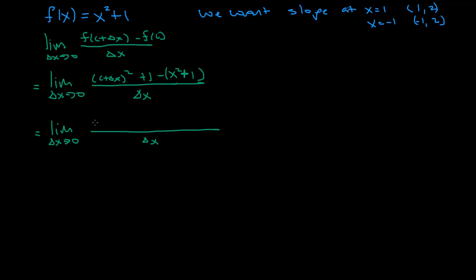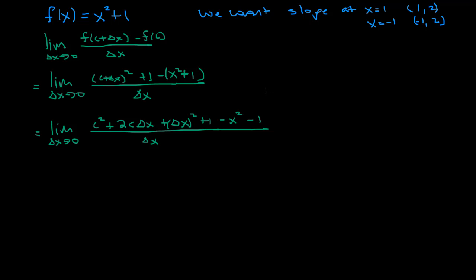So we have c squared plus 2c delta x, plus delta x squared, plus 1. That's just me evaluating this first half of the numerator. And then minus x squared minus 1.